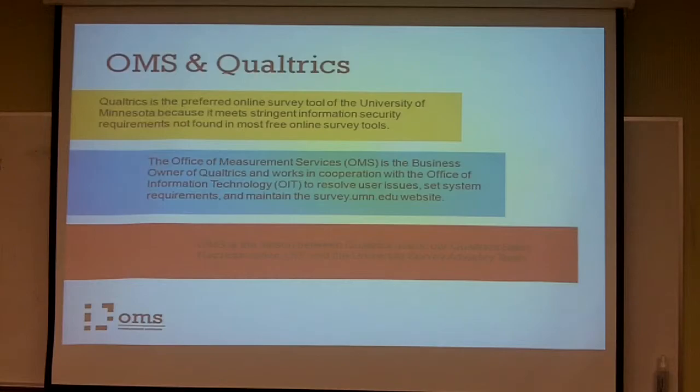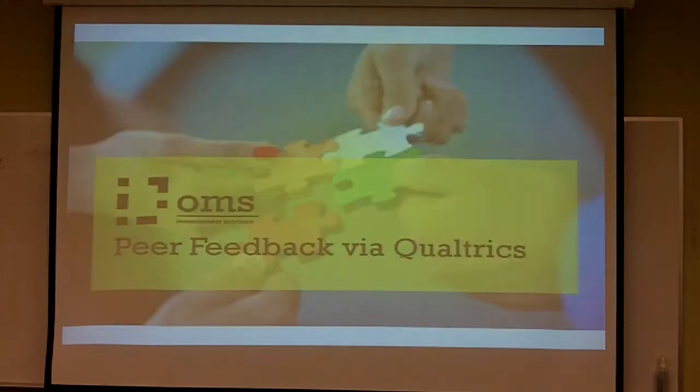And we are the liaisons with the vendor. So anytime there's a problem or we need to negotiate the license or the contract, our office works with Qualtrics, as well as serving in partnership with OIT to help resolve issues. And we're the business owners of Qualtrics, so we try to work with students, staff, and faculty to utilize the software as fast as possible.